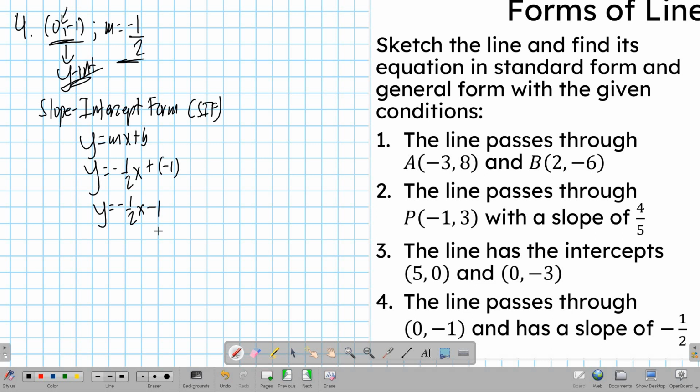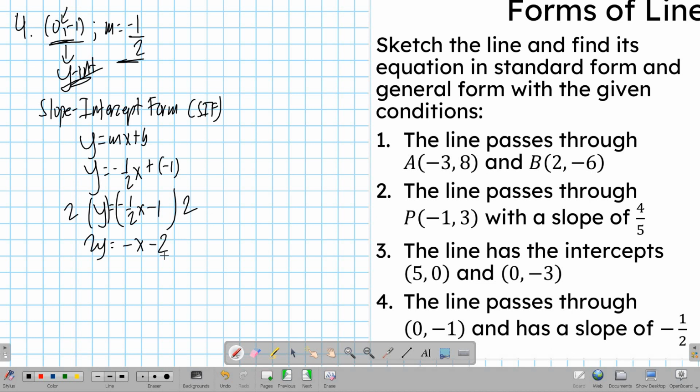Now, we just need to perform algebraic manipulation so that it becomes standard form and then later on, general form. So, ito lang yung ating denominator here. So, we don't have much of a choice but to multiply both sides of the equation by 2 to eliminate the denominator of 2. So, therefore, this becomes 2y is equal to negative x minus 2.